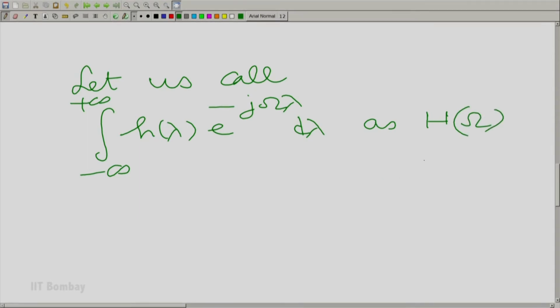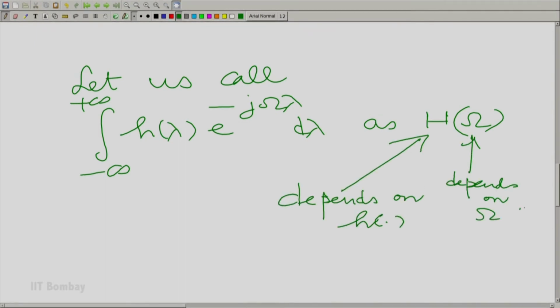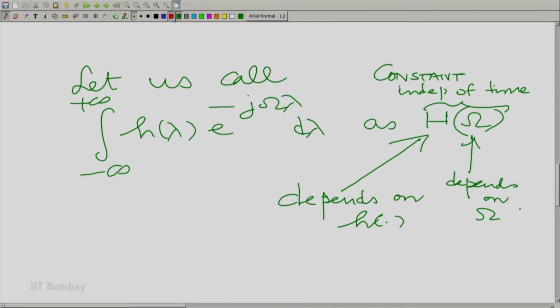So, we are saying two things. We are saying that it depends on h and it depends on omega. We are saying both together, and this is a constant independent of time. Now, we give this constant a name. We call this constant the frequency response of this linear shift invariant stable system evaluated at the frequency omega.